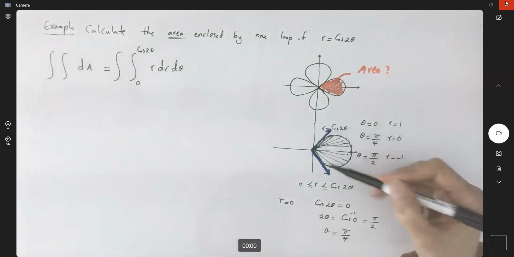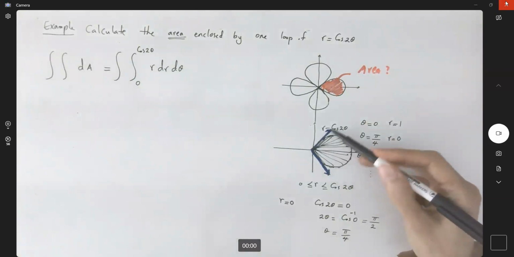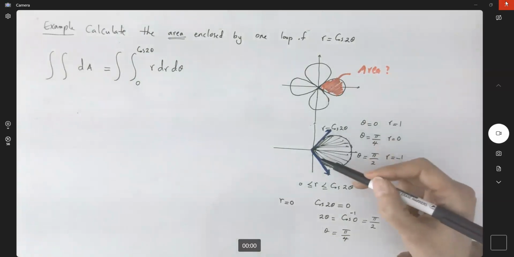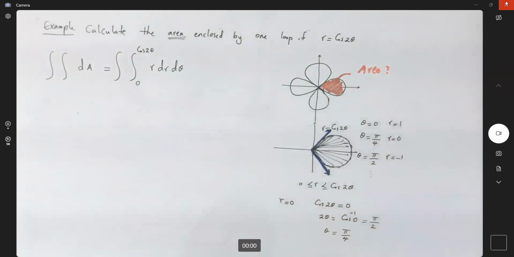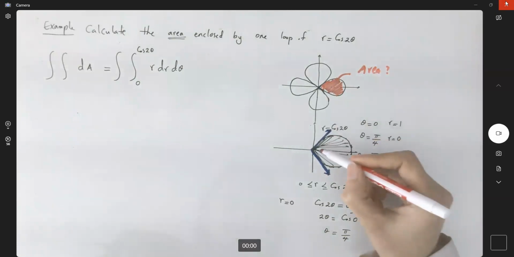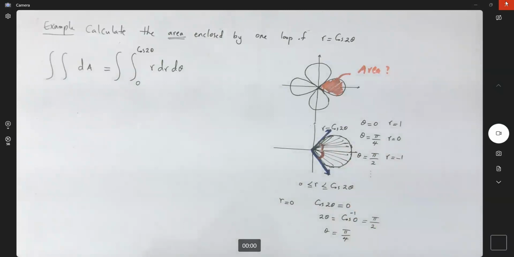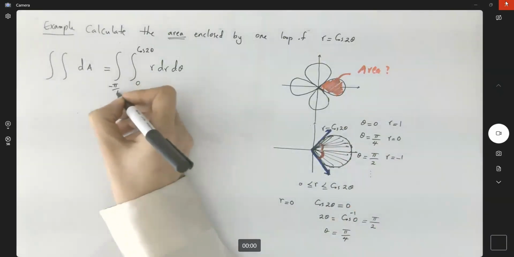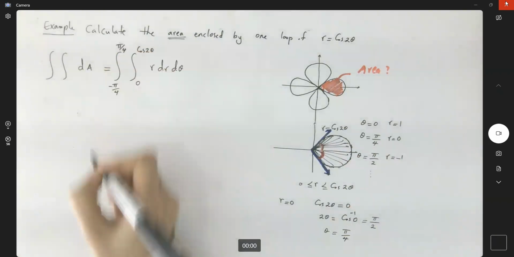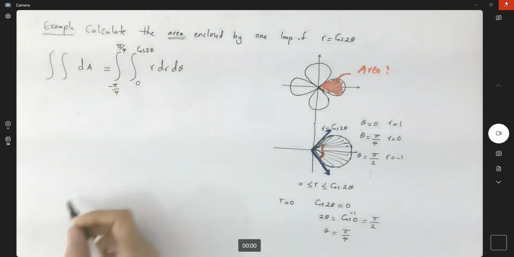But since we have symmetry, this angle is pi over 4, and this angle is negative pi over 4. So my theta is bounded between negative pi over 4 and pi over 4. The rest is just elementary calculus computation.